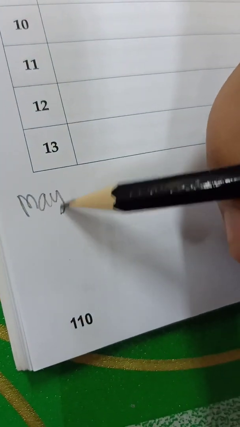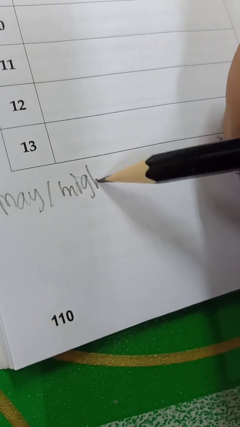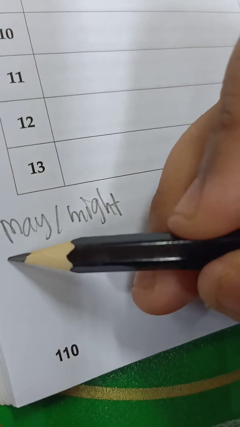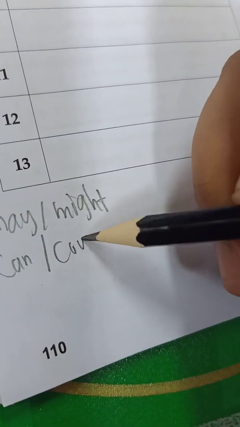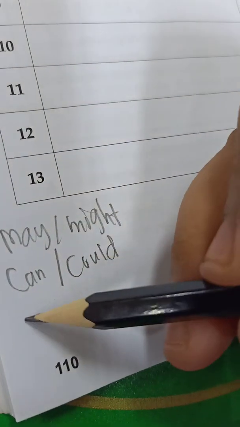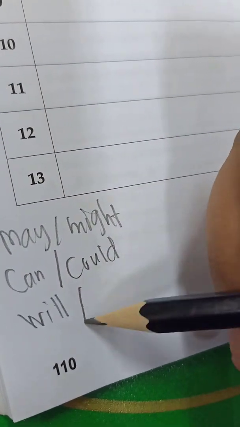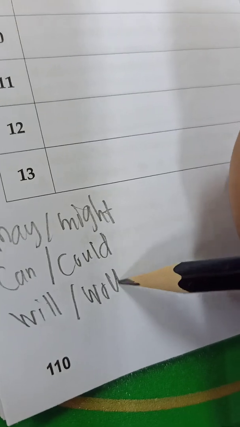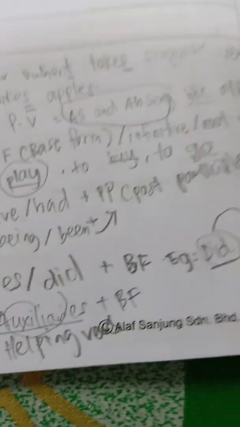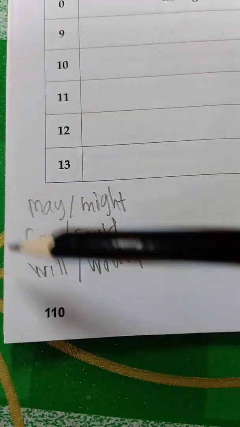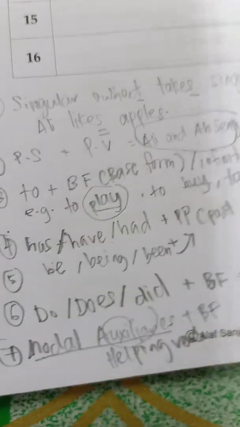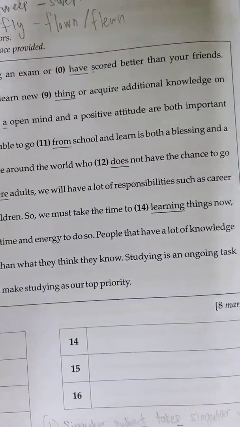For example, may, might, can, could, will, would. These are the tips, the 7 basic grammar rules that are beneficial for these questions.